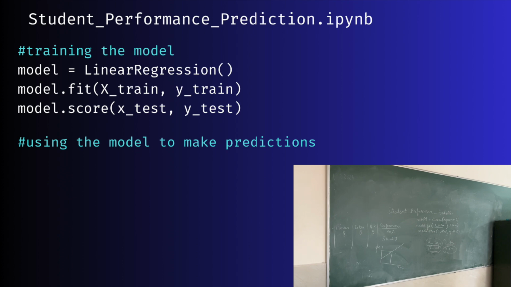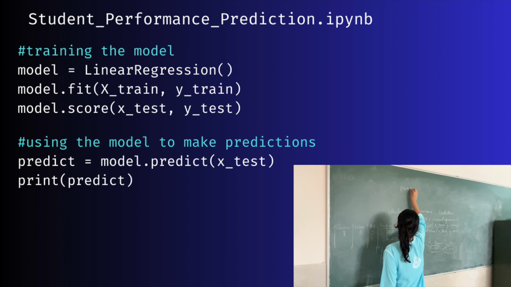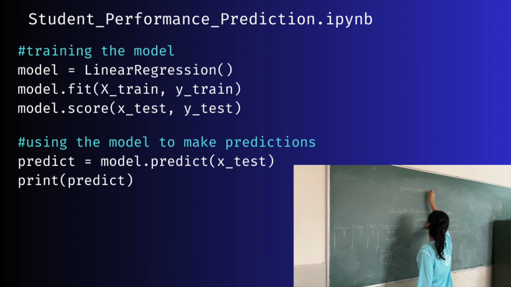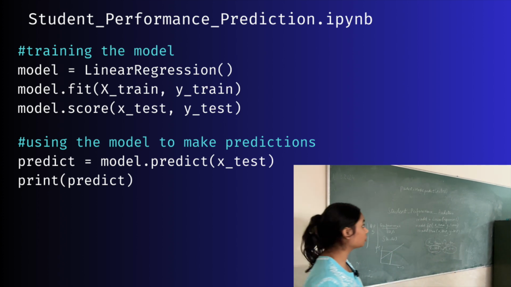Predict equals model.predict. Okay, try to print predict.